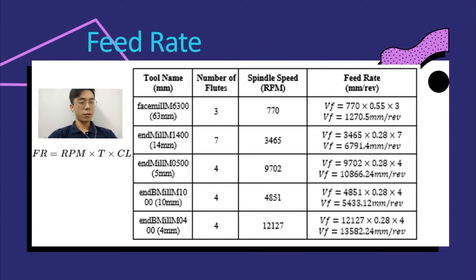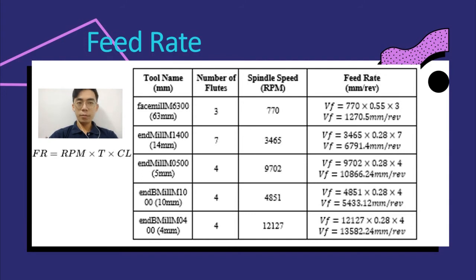Feed rate. We have calculated the feed rate for the face mill of 63 mm diameter. Need to use 1270.5 feed rate. For the end mill of 14 mm diameter, need to use 6791.4 feed rate.